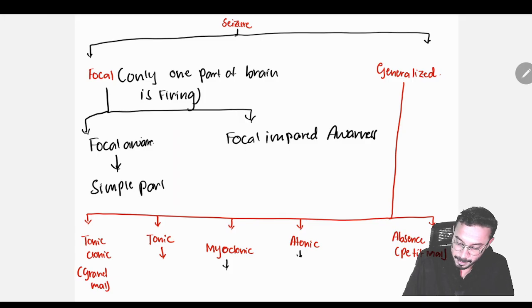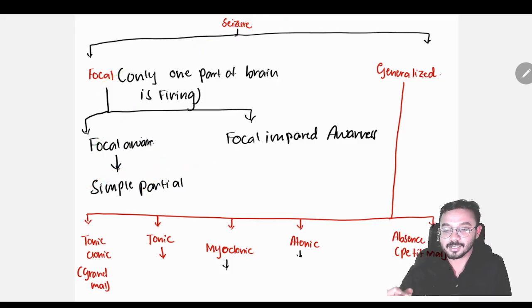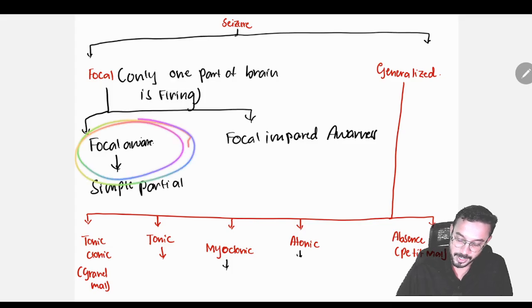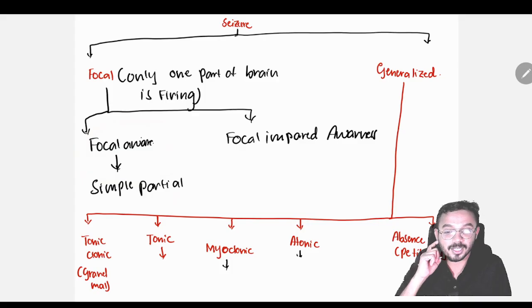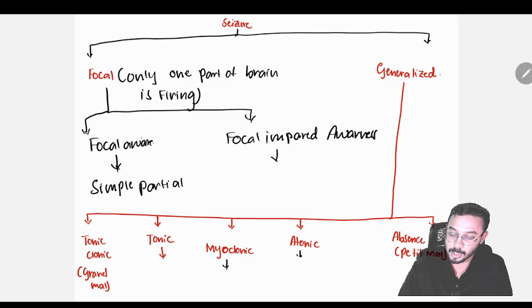Look at this, the patient is aware over here. In the focal seizure, if the patient is aware, that is simple. And if the patient is not aware, like he got unconscious, that is known as complex partial focal seizure. Okay, so this is about focal seizure.